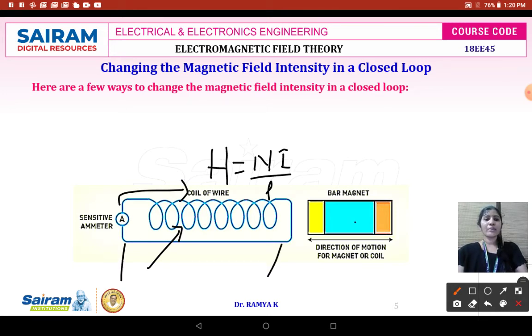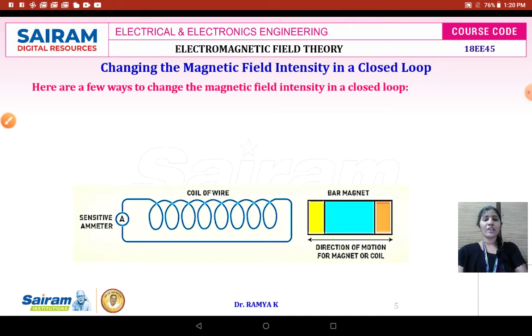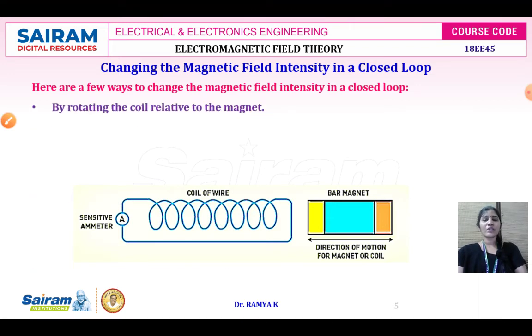When you make the bar magnet move to and fro, it causes the lines of flux to cut. So by rotating the coil relative to the magnet, you can make the magnetic field change, or by moving the coil in and out of this magnetic field, because once the magnetic field is created, if you are moving the magnet in and out, then there will be a change in your magnetic field.